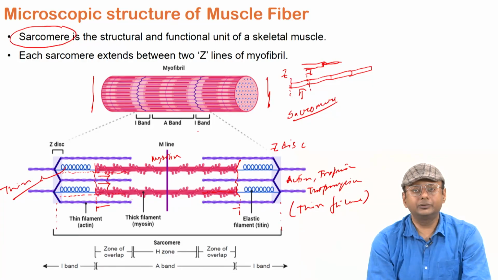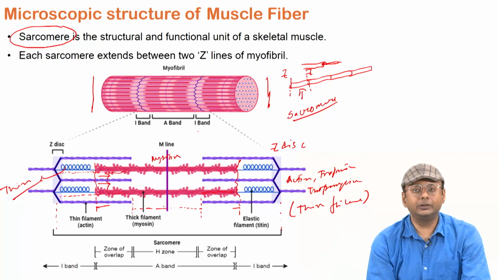Now in between, where there is no presence of any thin filament but only thick filament, it is called the H zone, and this H zone is a very dark, dense area.